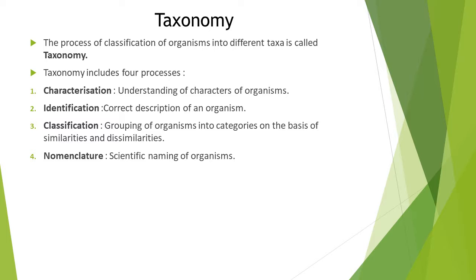Whether it has hair on its body, what is its body structure, whether it is a short animal or a tall animal, whether it has simple eyes or compound eyes, does it have hooves or not, and so on. So you're going to understand the characters of the organism, which is coming under the characterization step.